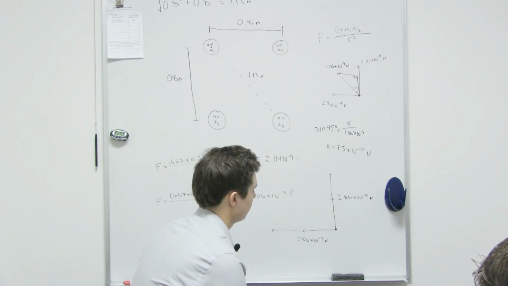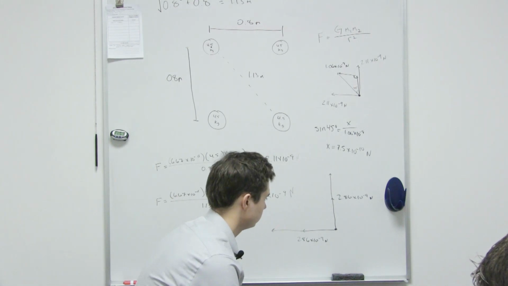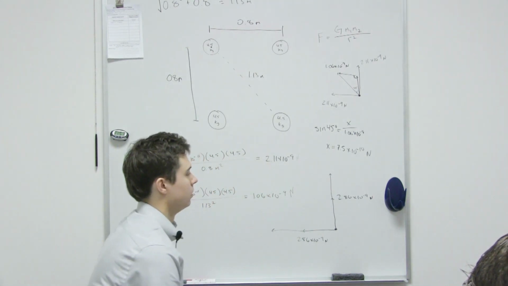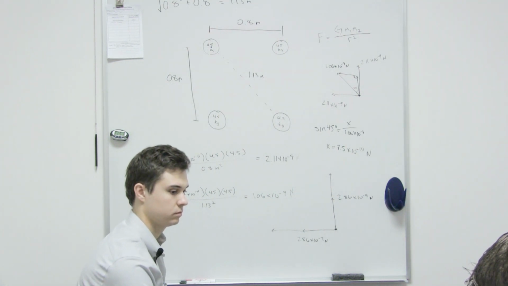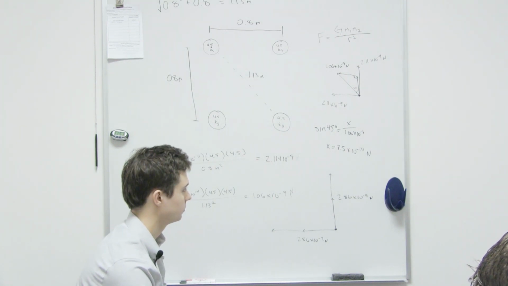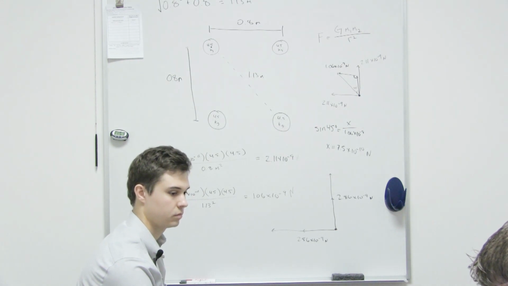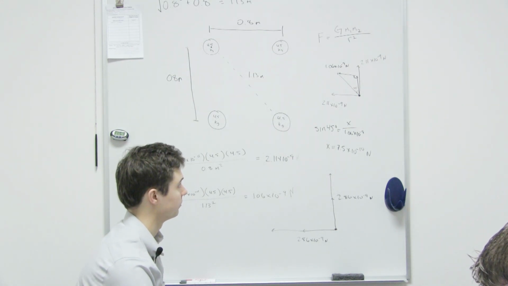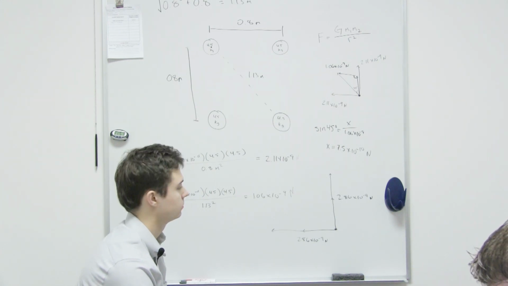So that'll be the X, and then the Y is 2.75. Sorry, I'm just trying to make sure you get all these notes so that I can have it for later. Plus our other Y, which was 2.11 times 10 to the negative 9.